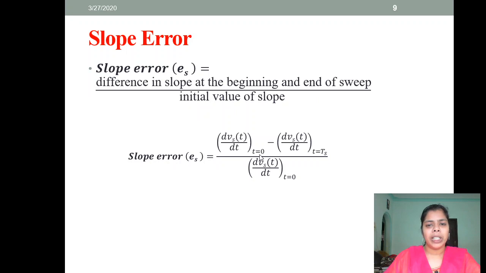Initial time is taken as t equal to 0 and the final end of the sweep is taken as t equal to ts. So mathematically it is represented as dVs of t divided by dt at t equal to 0 minus dVs of t divided by dt at t equal to ts, divided by initial slope.